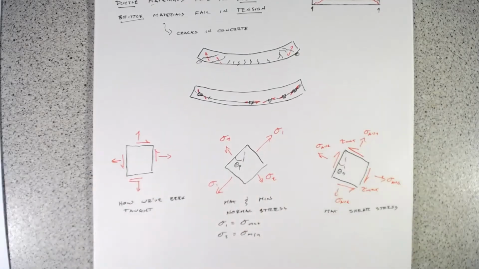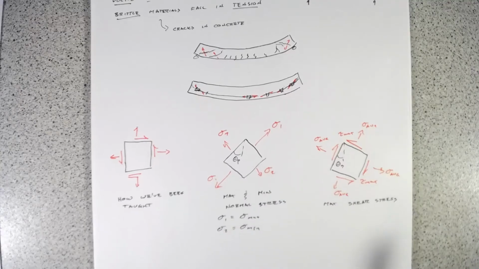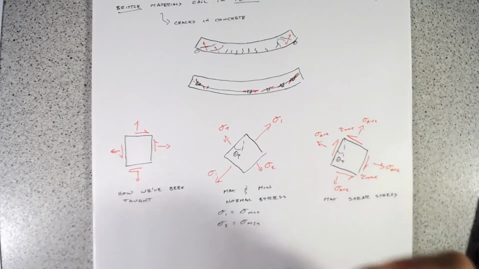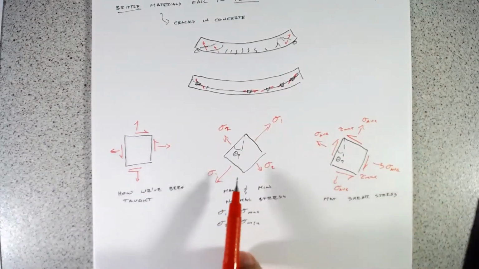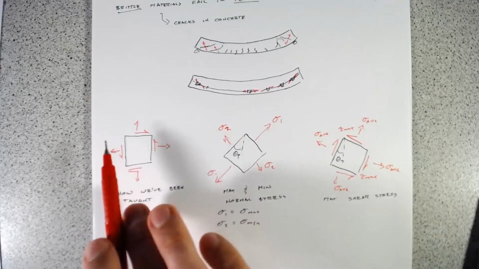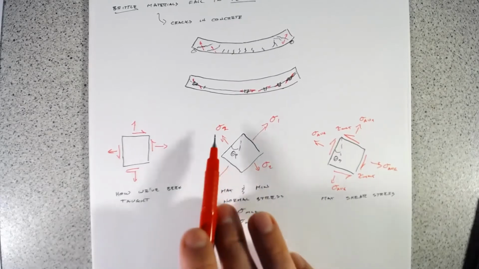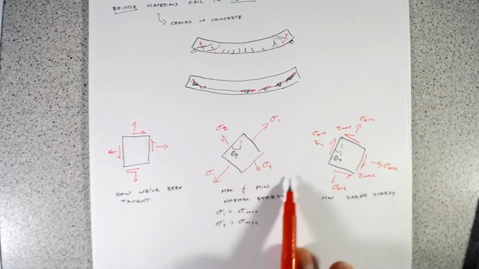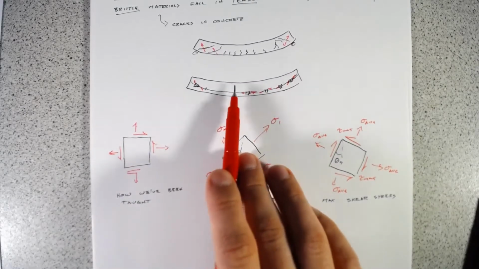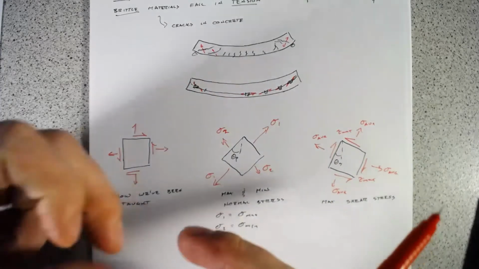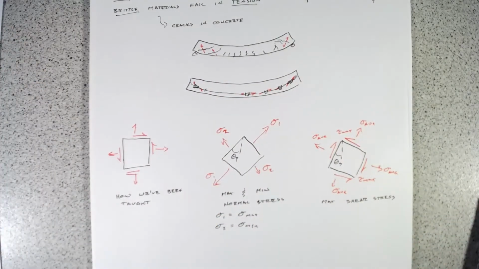We're just changing orientation, so think about this as really just a vector problem. Another really quick thing to note is that, for our principal stresses, again thinking vectors, for this to be a maximum and this to be a min, we actually find that we have no shear stress here. And that's really what we're seeing with this cracking, where that's just sort of pure tension pulling that across.